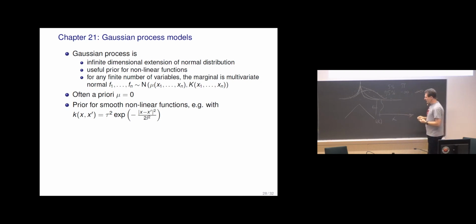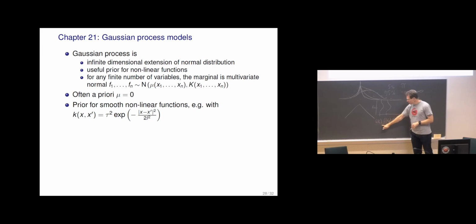If we then think about that we also want to know what the distribution looks like at 2 points, at x2, it's also a normal, and these are now just priors.